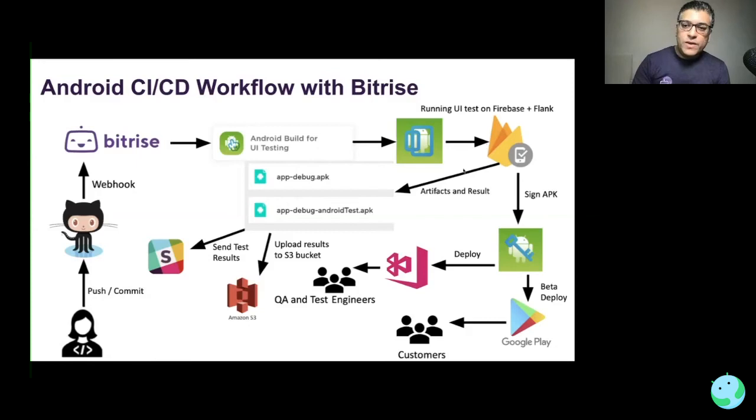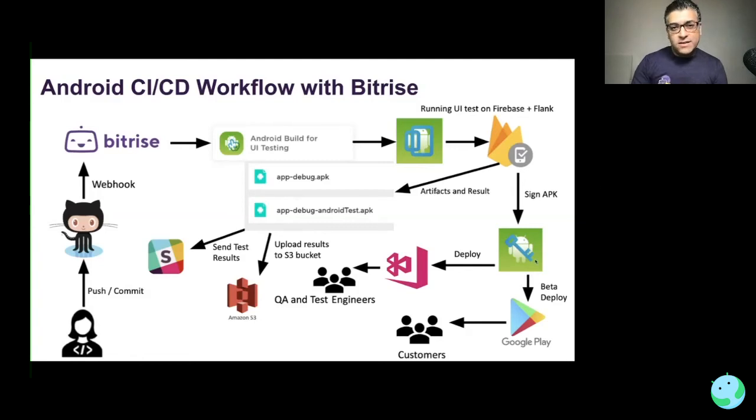Then once we finish, we can upload the artifacts and the results to S3 or Bitbucket, for example, and send the result to Slack channels as a notification. And if everything is okay after testing, we can start signing the application. This can be in a different workflow, but it's a combination of all of the processes. We can sign the APK and deploy it to Microsoft App Center for our QA, beta testers or test engineers.